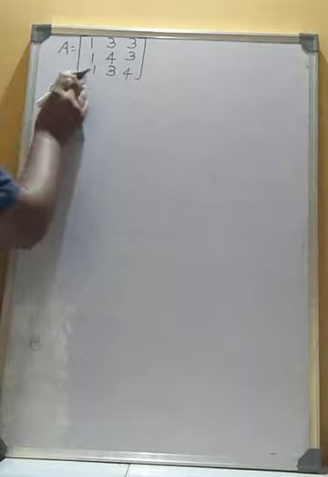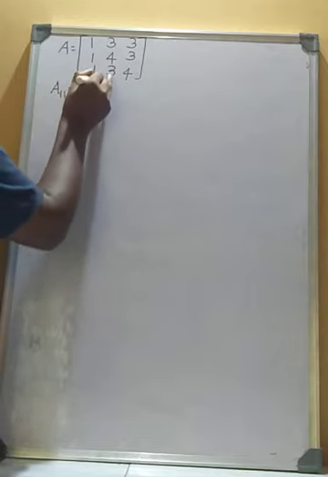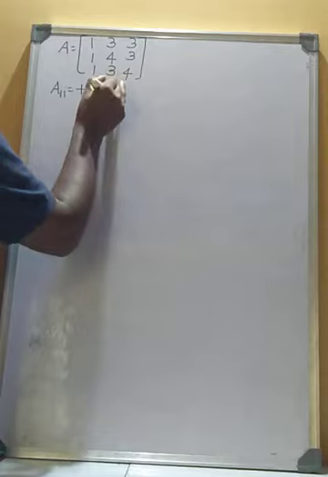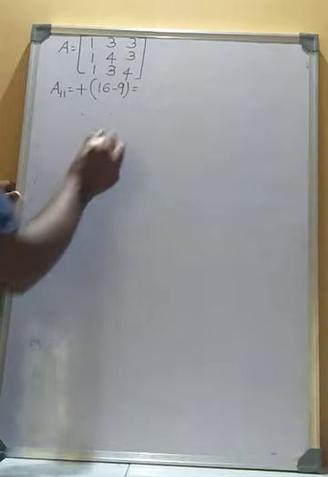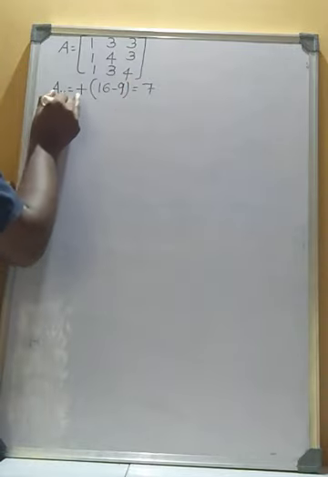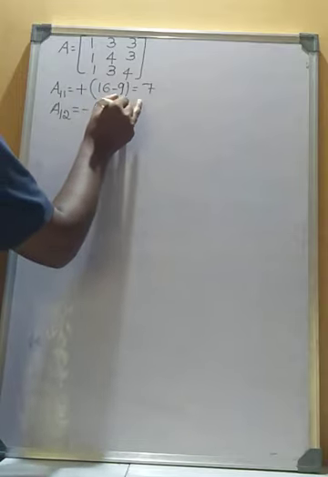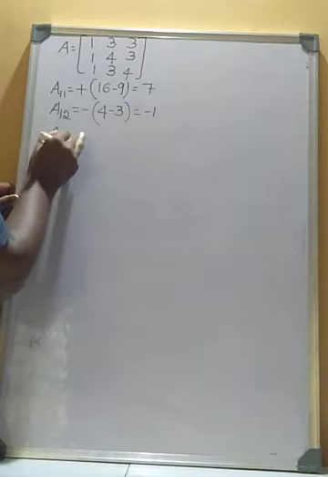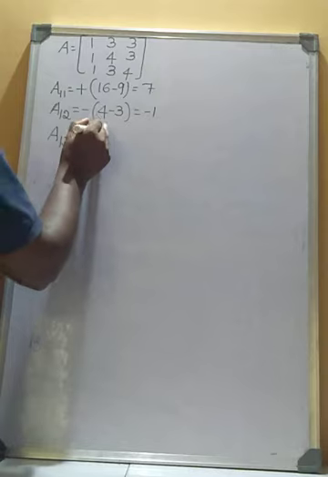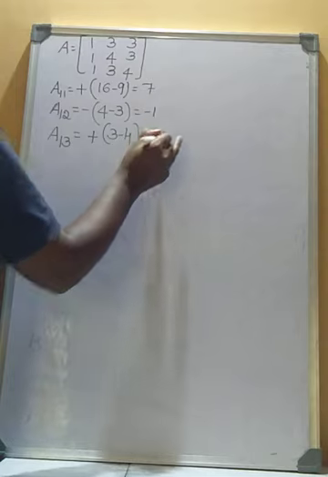Find cofactors. A11: take the sign plus, 4 fours are 16 minus 9 is equal to plus 7. A12: minus, 4 minus 3 is equal to minus 1. A13: plus, 3 minus 4 is equal to minus 1.